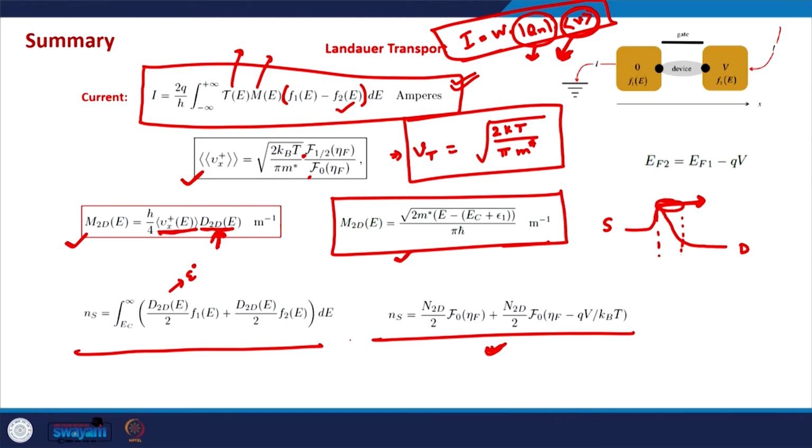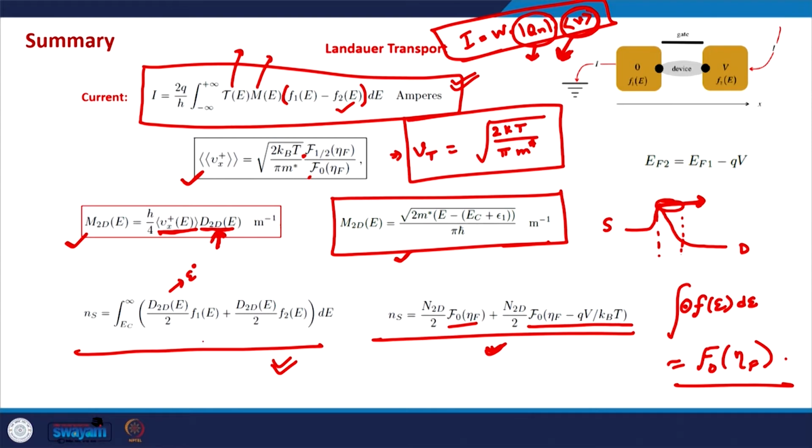Wherever we just have the integral of the Fermi function dE, and something sitting there which is not a function of energy, we generally obtain the Fermi-Dirac integral of order 0 after simplification. So, for example, in this expression we are obtaining the Fermi-Dirac integral of order 0, because the density of states is independent of the energy.